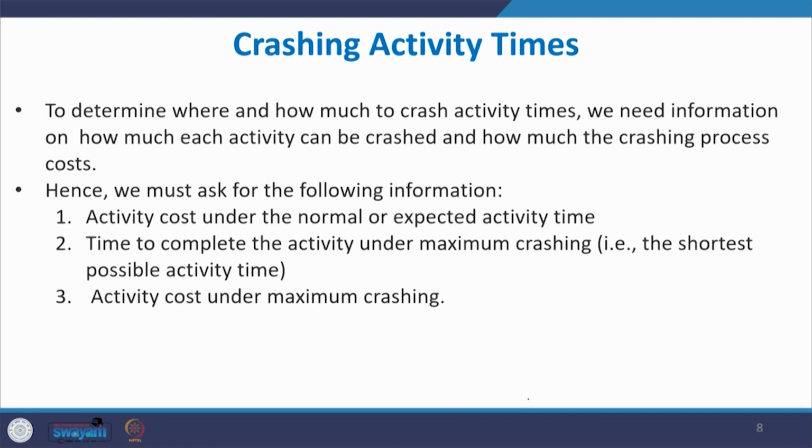First, the activity cost under normal or expected activity time. Second, the time to complete the activity under maximum crashing, that is the shortest possible activity time, and the activity cost under maximum crashing. This information is required for completing the crashing activity.